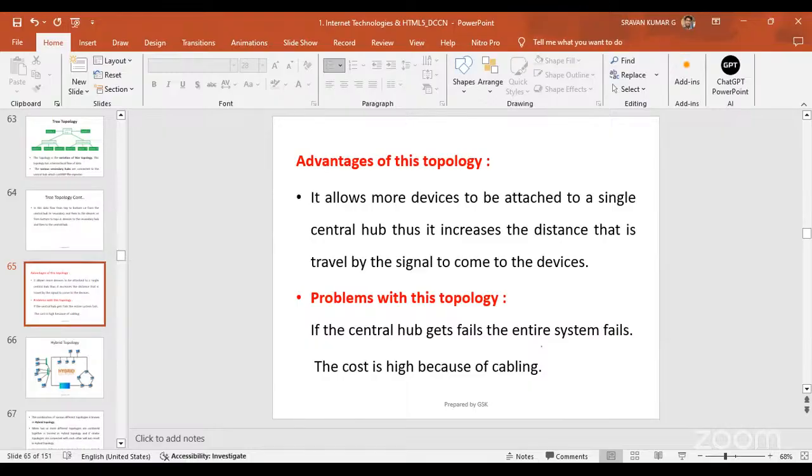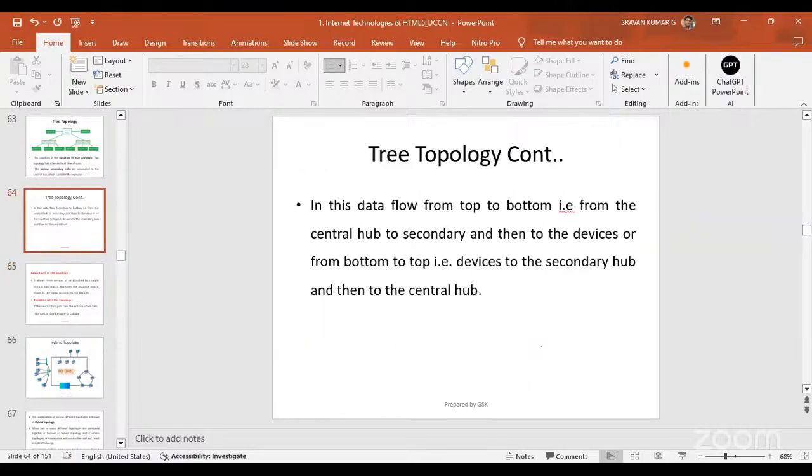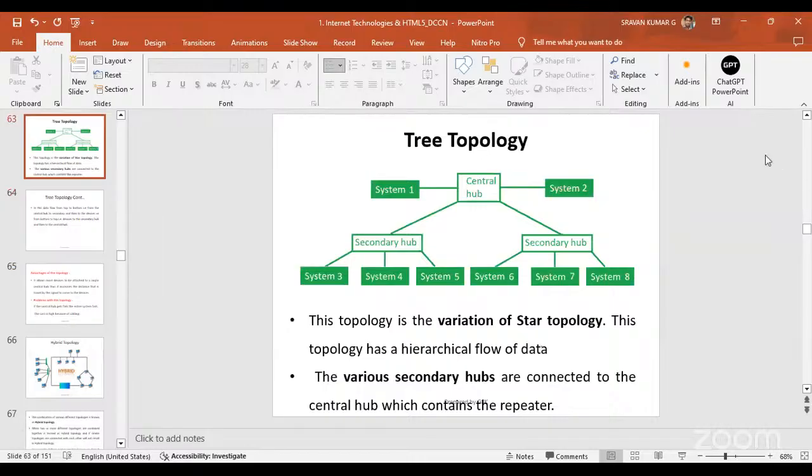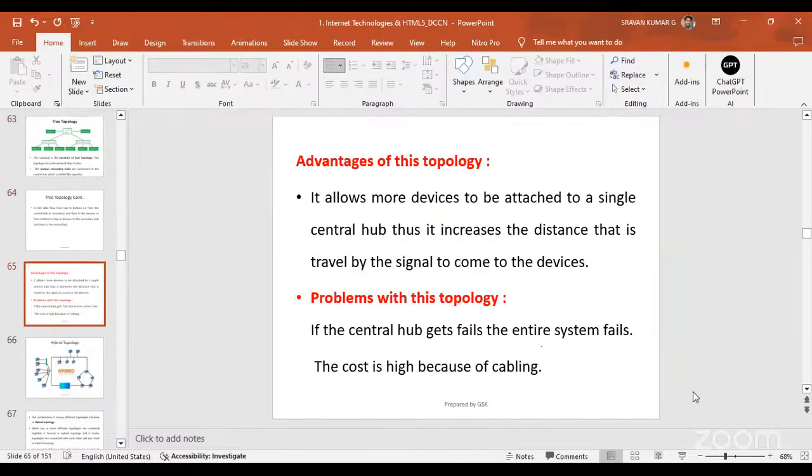And the cost is also very high because we are using more cables here. For example, if any problem occurs at the central hub, obviously it disturbs the complete network. So this is also one of the problems with tree topology.